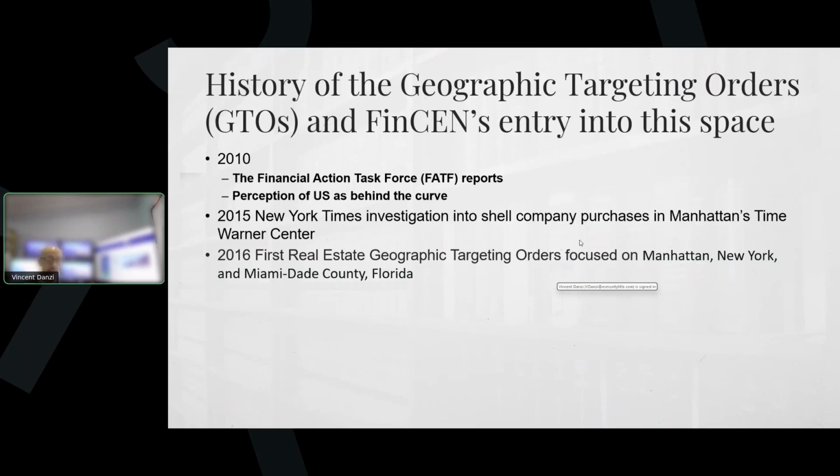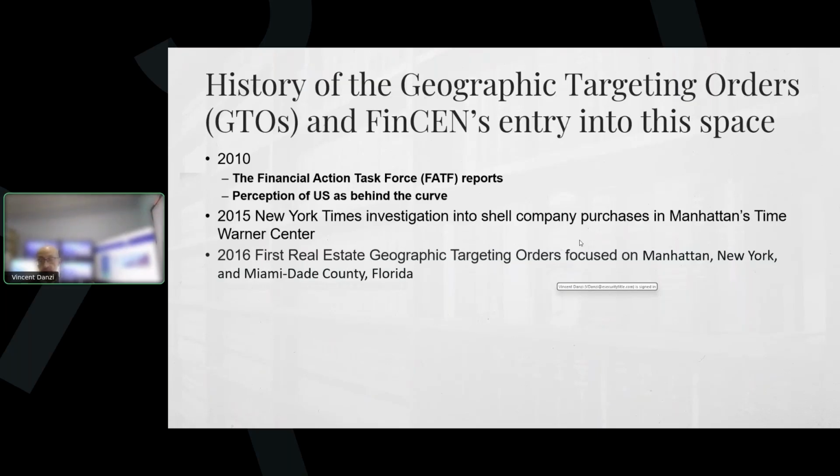Real estate settlement providers have always been subject to the Bank Secrecy Act, but they've always been pretty much exempted from the full range of regulation that banks and credit unions and money services businesses are all subject to.